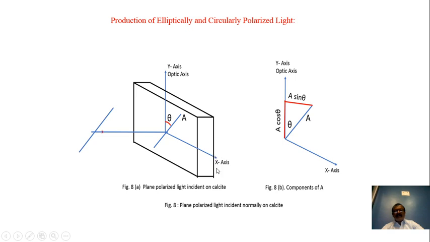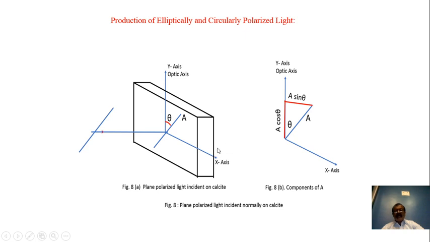We can write, suppose the amplitude of the ray, A sin theta, sin omega t for one, and for the x-axis, the ordinary vibrations having amplitude A sin theta, sin(omega t minus delta).